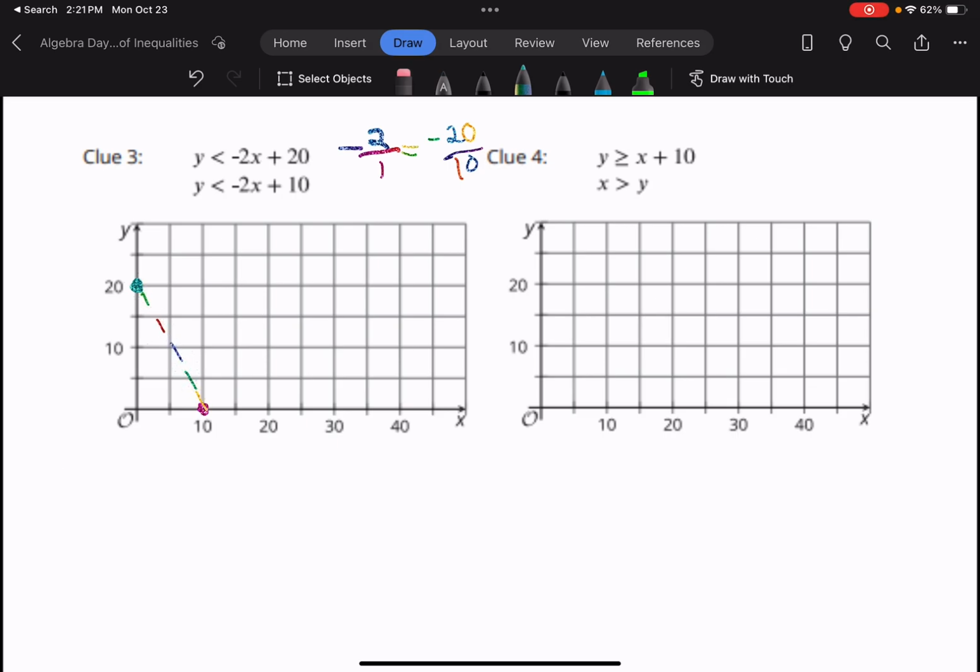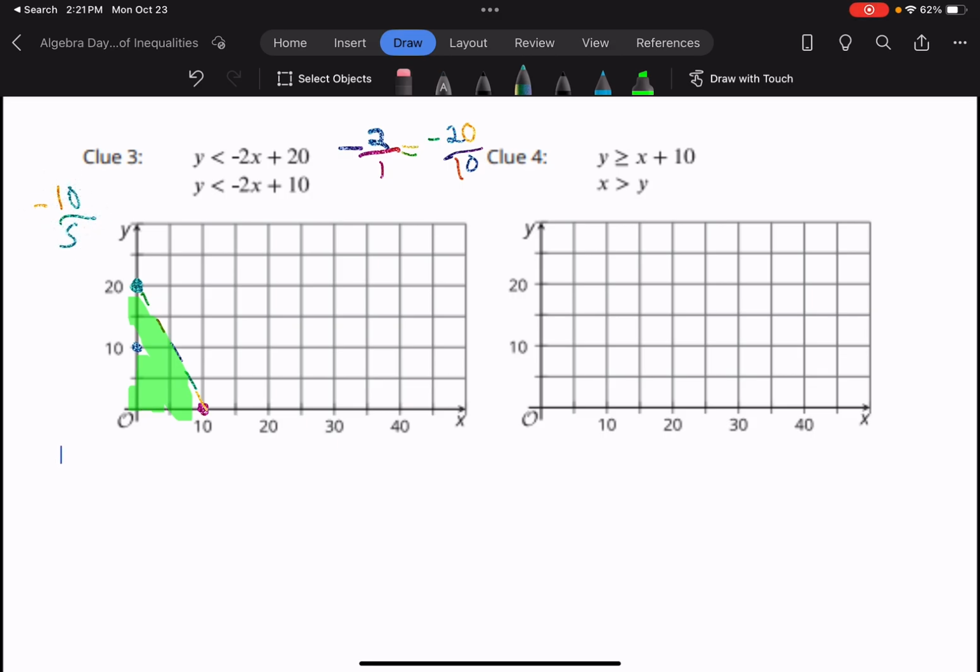And it's less than. 0 is less than 0 plus 20, so we know that we're going to shade this side. Then our other equation is starting at a y-intercept of 10, same slope though, so going down 2 over 1. We could also multiply that by 5, so we have negative 10 over 5.